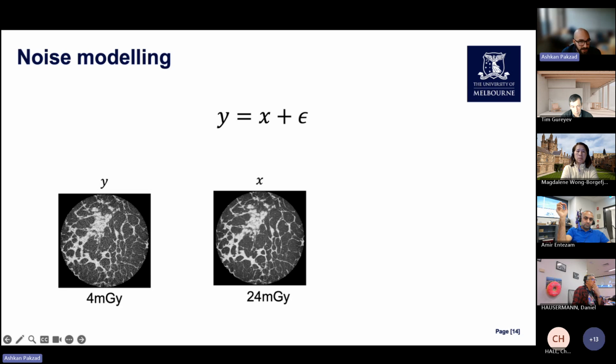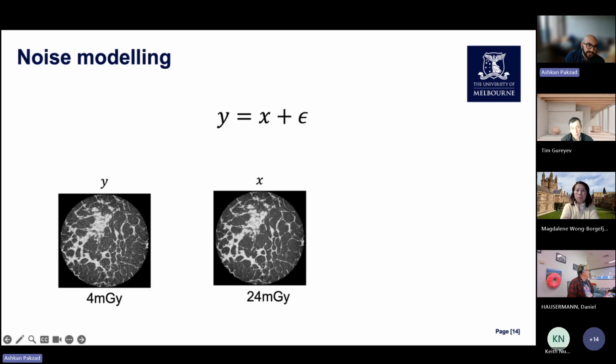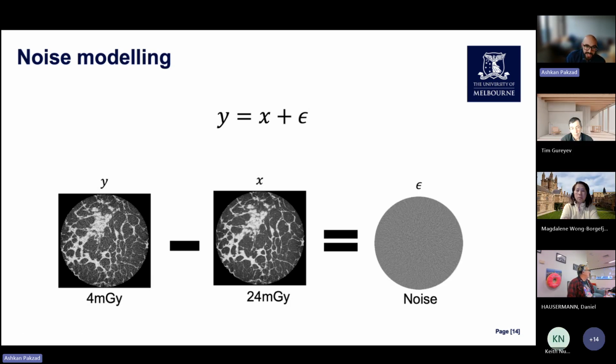So I appreciate Poisson noise is not additive. However, we can still go ahead in this approach of modeling the noise, where we take, say, the image we capture, so this 4 milligray image here, which we denote as Y, and we can consider the less noisy images as our ground truth, our underlying true object, and we can think of the difference between them as the noise.